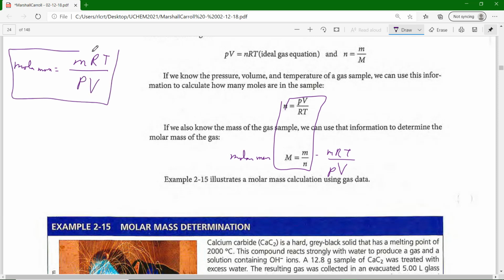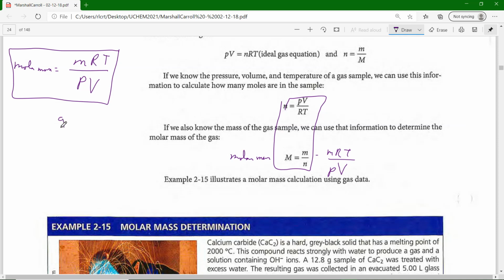So here's a useful equation. If I know how many grams of some molecule I put in a bulb, I know the volume of the bulb, I know the pressure exerted by the gas molecules in the bulb, and I know at what temperature this is happening. Well, R is a constant. I can determine the molar mass. Let's check the units.